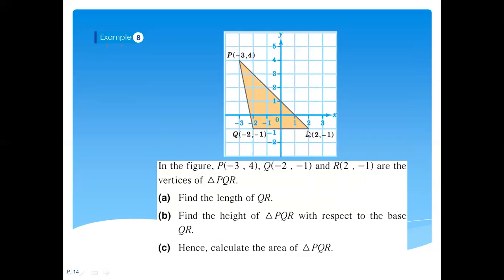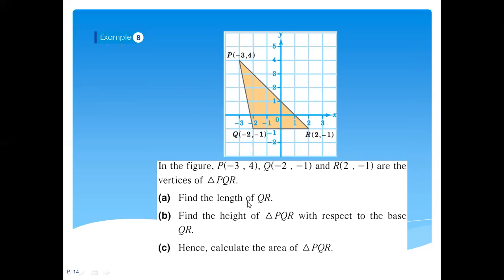If QR is the base, which line is the height? Not PQ. PQ is not perpendicular to QR, not 90 degrees. So PQ is not the height. If not, then which one is the height? And part C, calculate the area of this triangle.